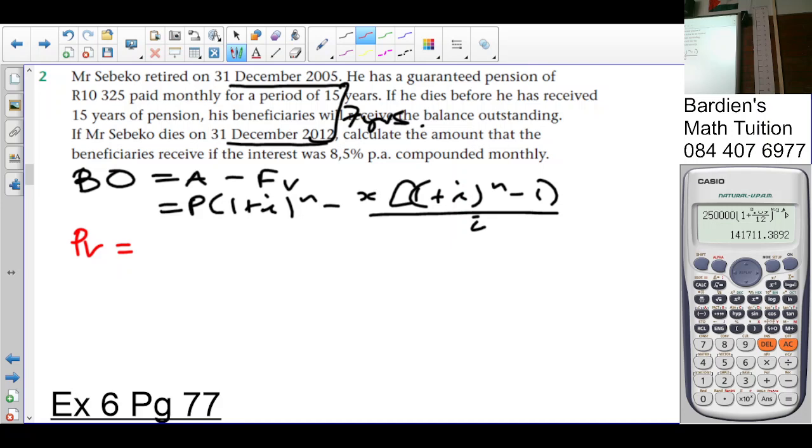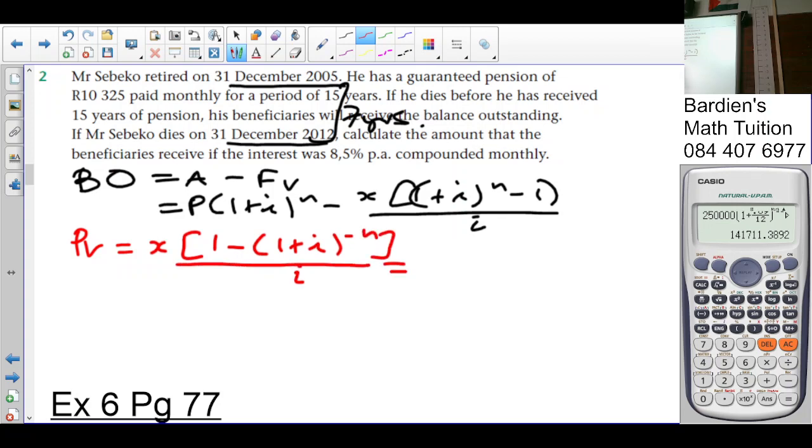So what we need to work out is what the value of this fund is worth. The present value is X into 1 minus 1 plus i to the minus n over i.